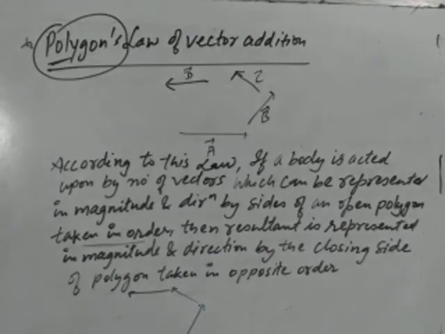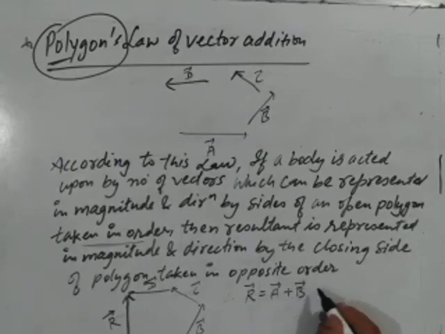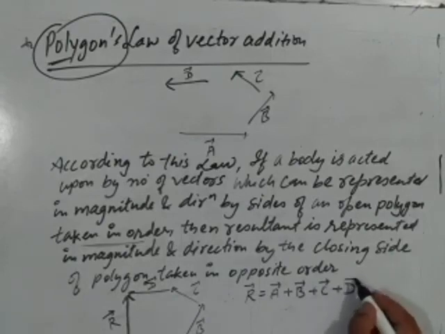This is A vector, B vector, C vector, D vector taken in order. Then the closing side of the polygon taken in opposite order will represent the resultant. Therefore we can write it as R vector equal to A vector plus B vector plus C vector plus D vector.